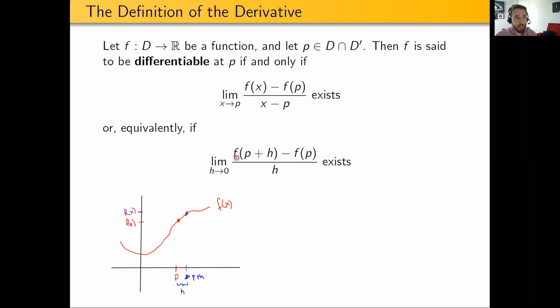So what do these represent? Well, as we've seen in calculus, this represents a difference quotient between the heights of our function, right? So f of x minus f of p is going to be that distance right there. And then x minus p is going to be this distance right here.